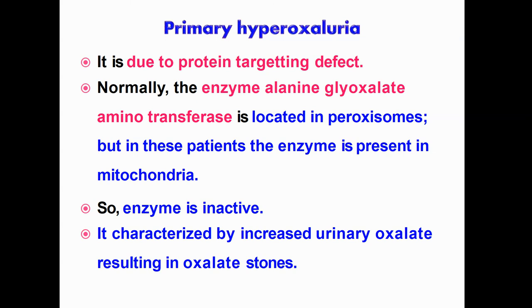So normally the enzyme alanine glyoxylate aminotransferase should be present in peroxisomes, but in these patients the enzyme is present in mitochondria. Due to the same reason, it is in inactive form and it is characterized by increased urinary oxalate resulting in oxalate stones.